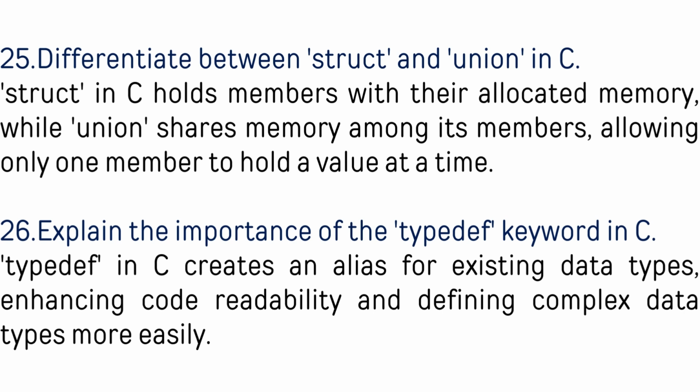Differentiate between struct and union in C. A struct in C holds members with their own allocated memory, while a union shares memory among its members, allowing only one member to hold a value at a time.